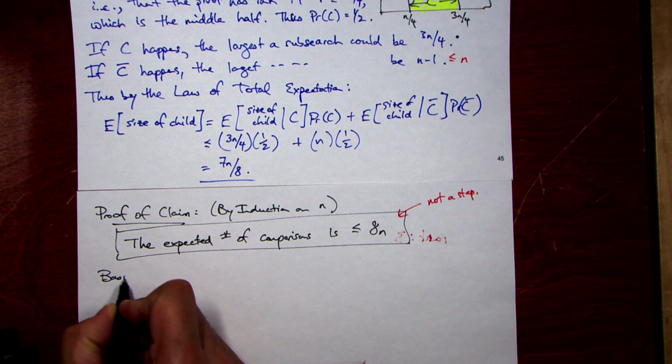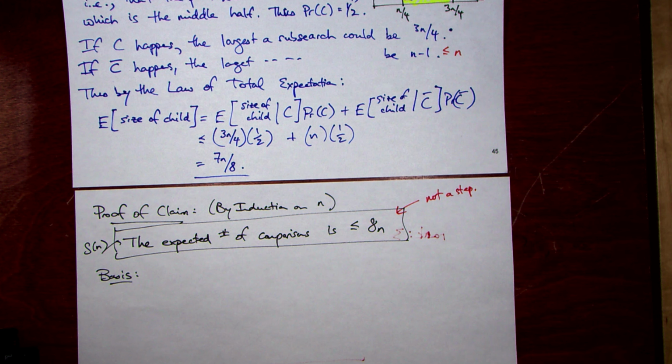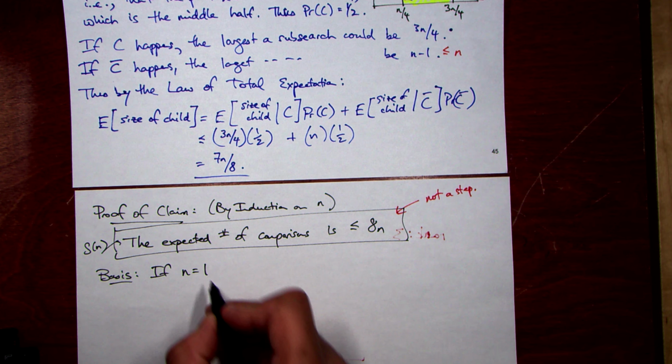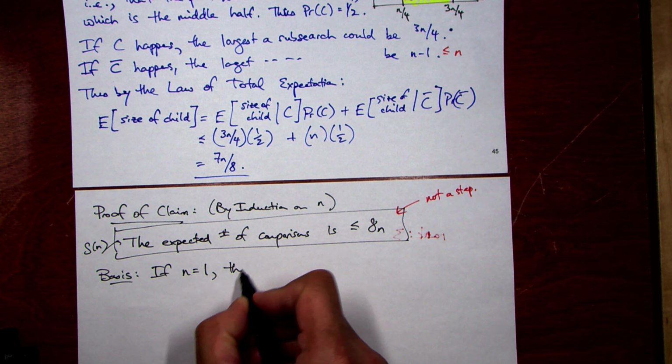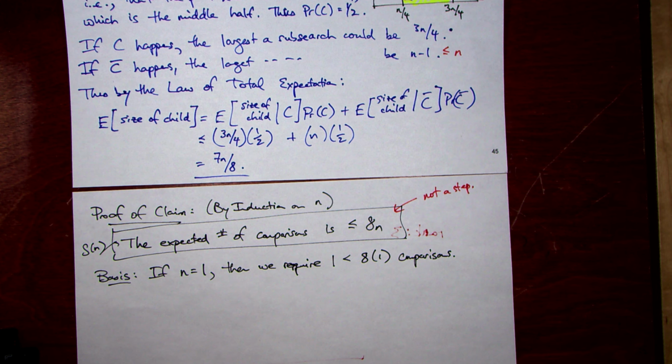So we'll prove this for S of n, the expected number of comparisons on an n element list. If n equals 1, then there's nothing to do. We require one comparison, which is less than 8 times 1 comparisons. Okay, so that works.